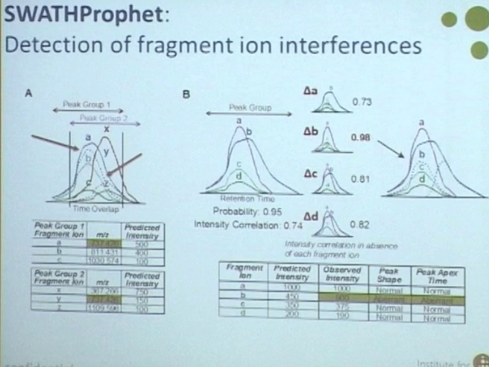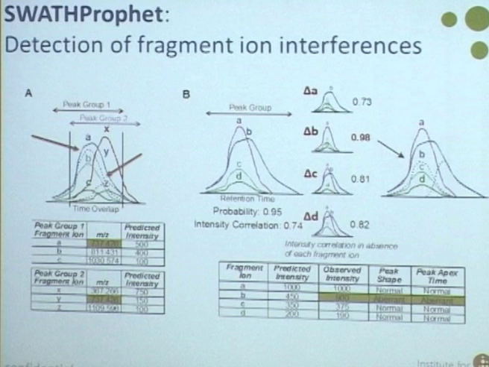And so in this component here, we can see that there are two transitions that are exactly the same mass, but are co-eluting at slightly different retention times. And so they actually form this abundance, which is much higher. And so that's really what we're trying to detect here.